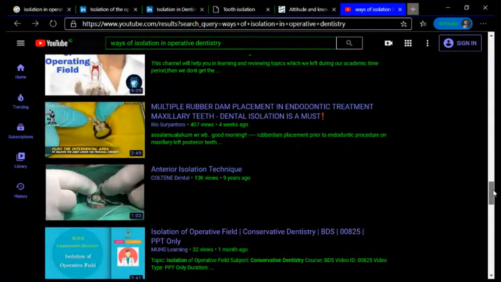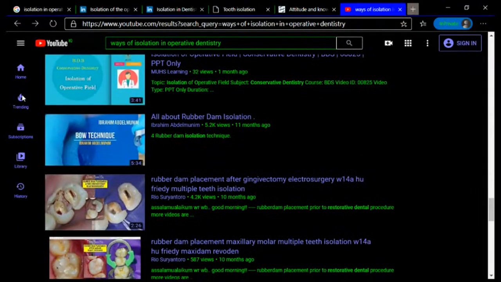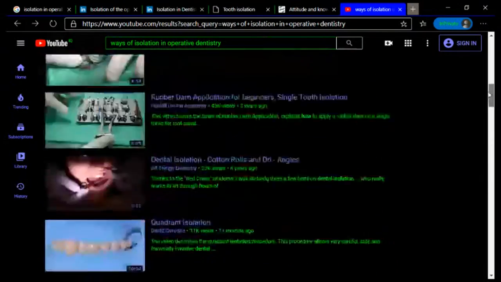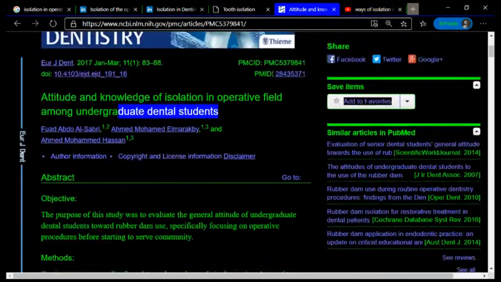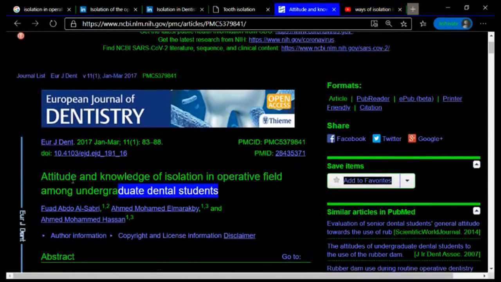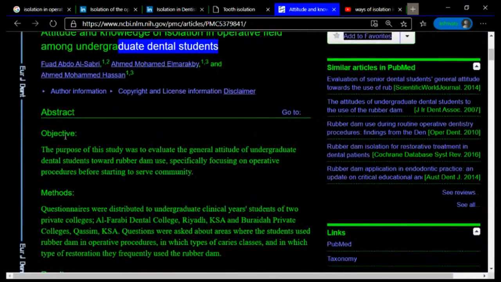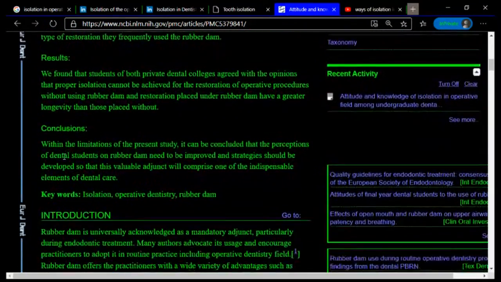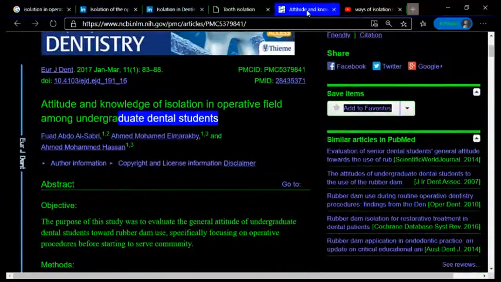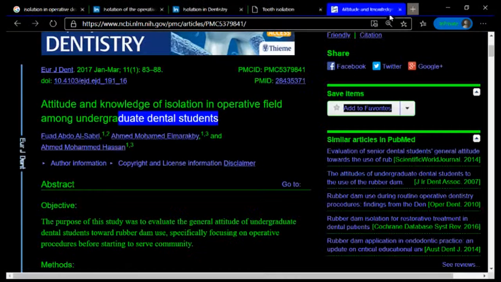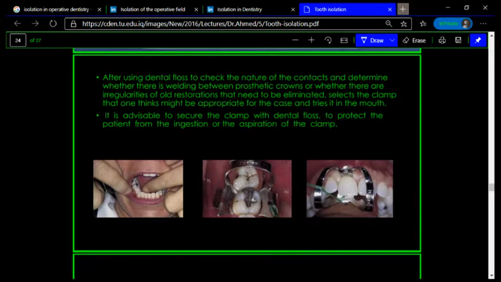I think we need no more videos in this subject to explain the rubber dam possibilities and rubber dam benefits to the tooth, as we already discussed before. We already discussed this attitude study, so we can delete it and move to the next subject.